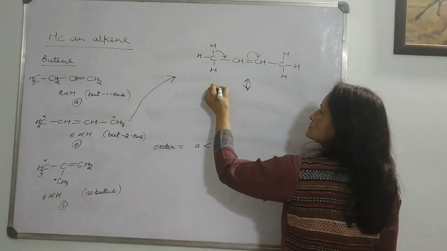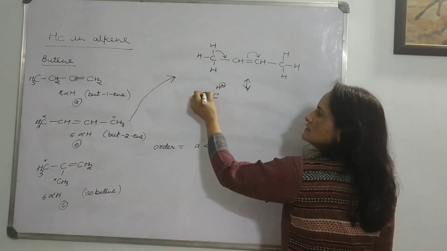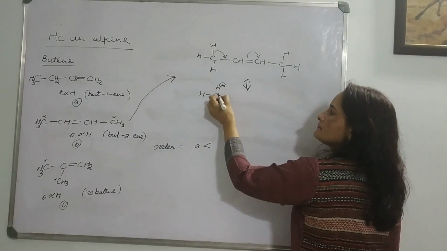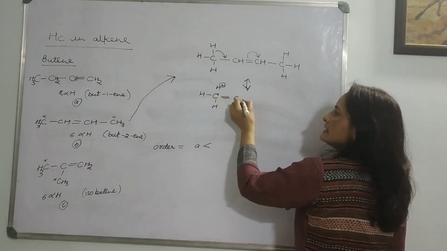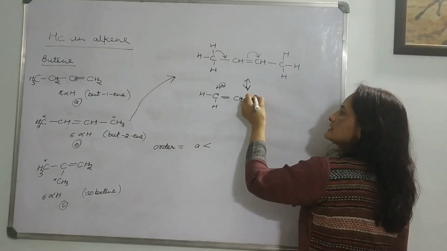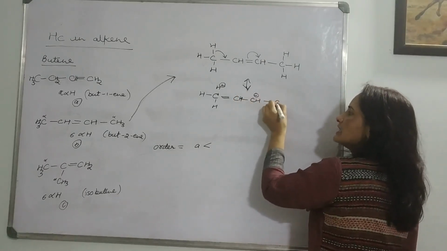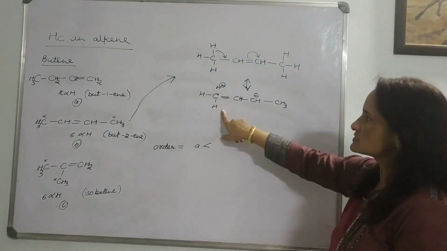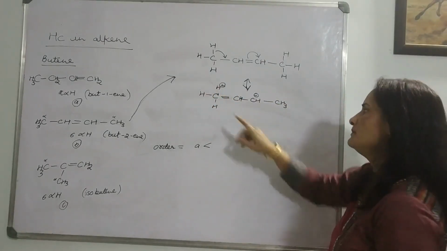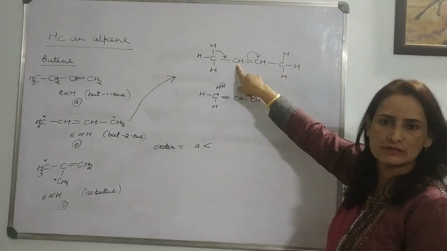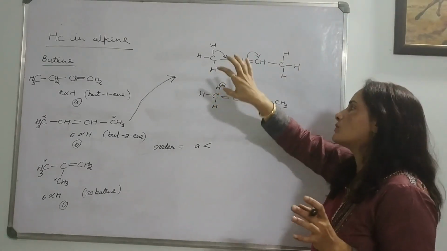This is the hydrogen with positive charge, the double bond will come here, then the single bond, and this CH will take up the negative charge. This is again the second side, CH3. The structures will form in this way, and when we run the same thing, the negative charge will go over this. I hope you are understanding what I am saying.